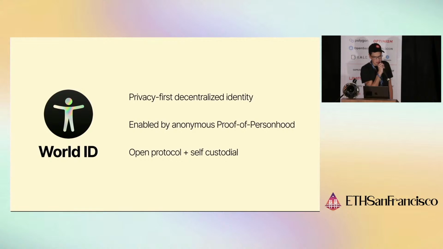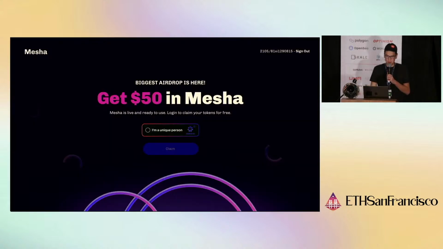So World ID is a privacy-first decentralized identity protocol that is based on this concept of a person and is completely open and self-custodial, so anyone can make use of it. The way it works is it looks something like this. Imagine you have this cool application called Mesha where you can get $50 of whatever airdrop you're doing, and you want to make sure that person only claims it once.